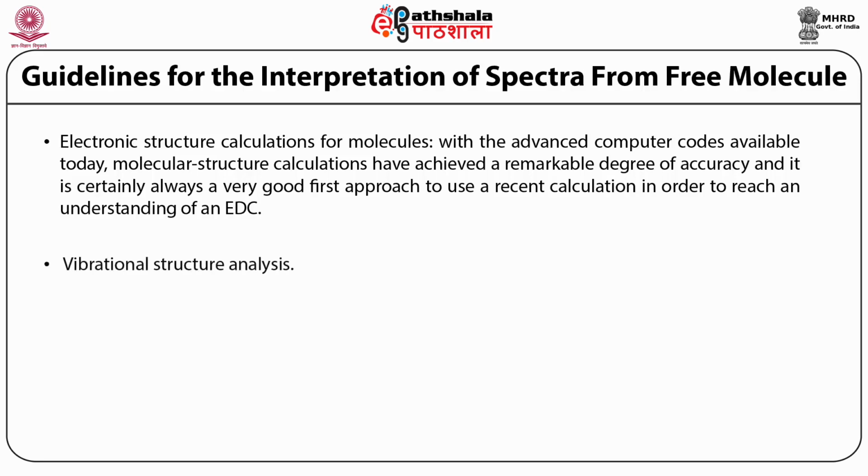Vibrational structure analysis is the second part. Comparison with an isoelectronic series is the third part, which one could keep in mind while talking about the spectra of various species.